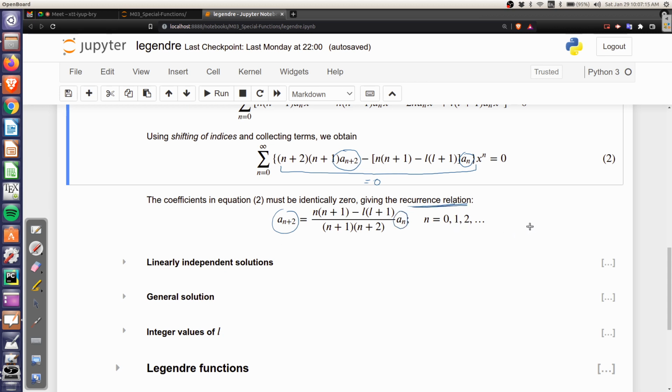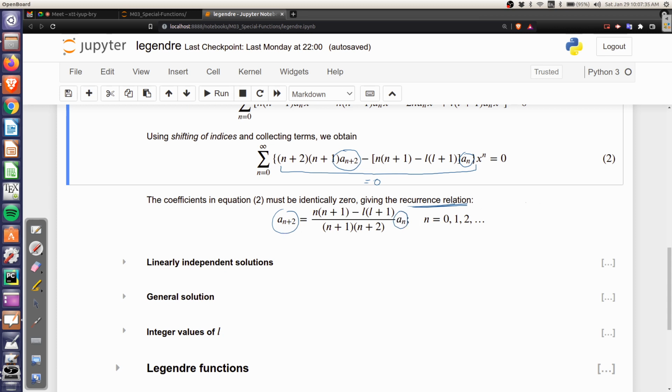We have already seen a recurrence relation yesterday when we were talking about the binomial distribution and the Poisson distribution. A recurrence relation is any relation such that if you know one term, then you can find out the other terms. In this case, if you know one coefficient, you can find out the other coefficient.